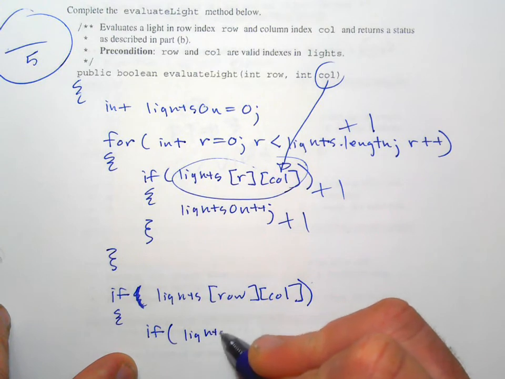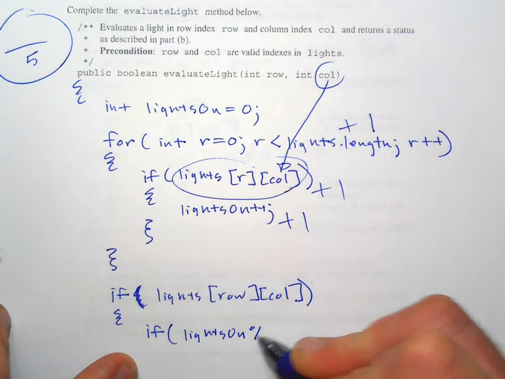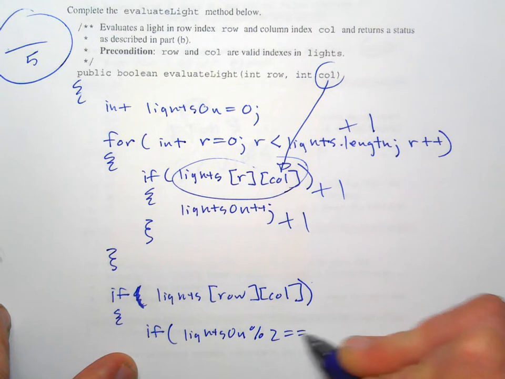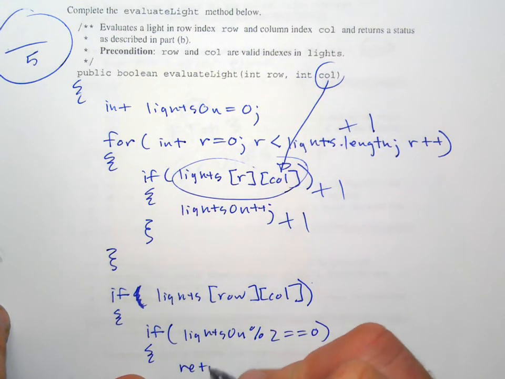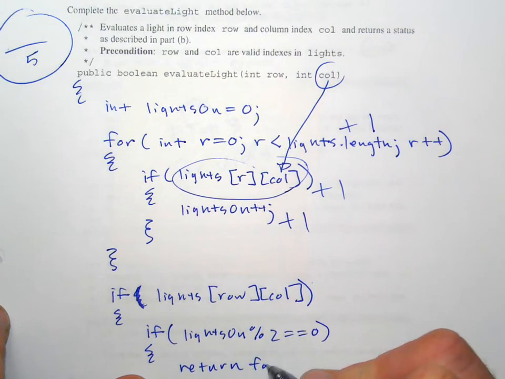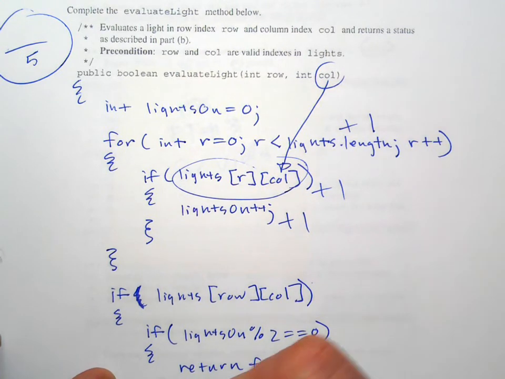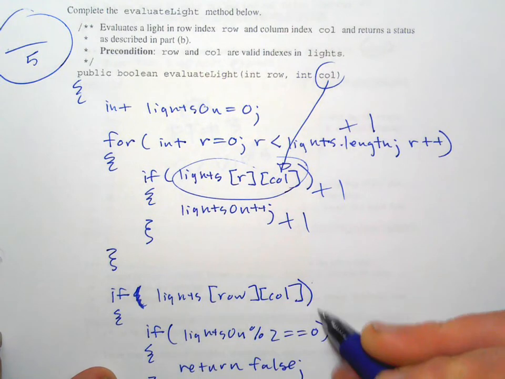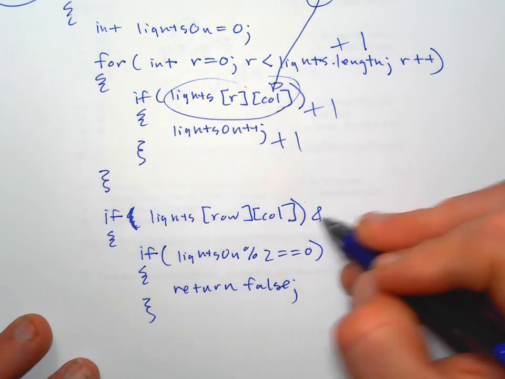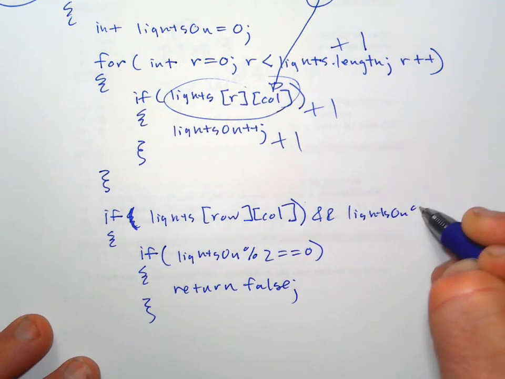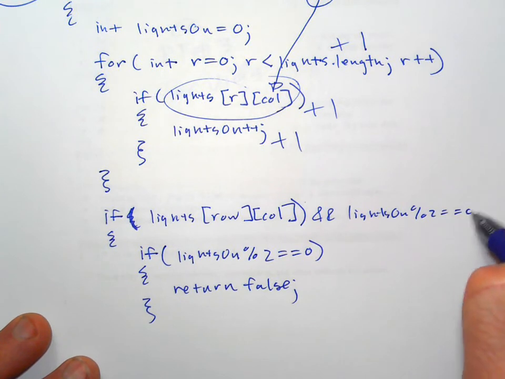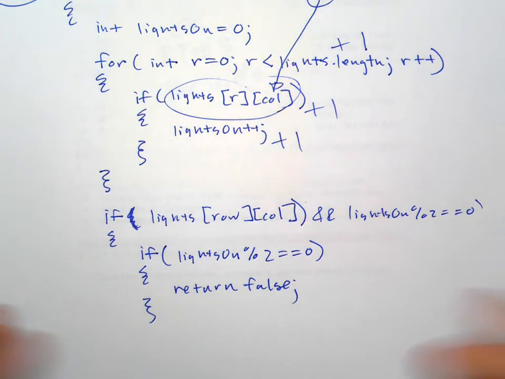But lights on modulus 2 equals 0, then we're actually supposed to return false. Okay, so we're never going to return true from this situation. But you could have done and lights on like this instead of that, just to make it a little more compact.